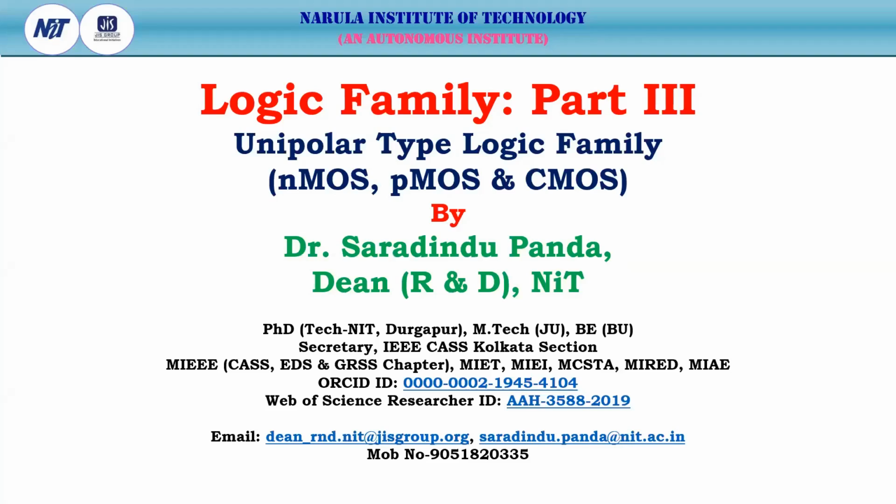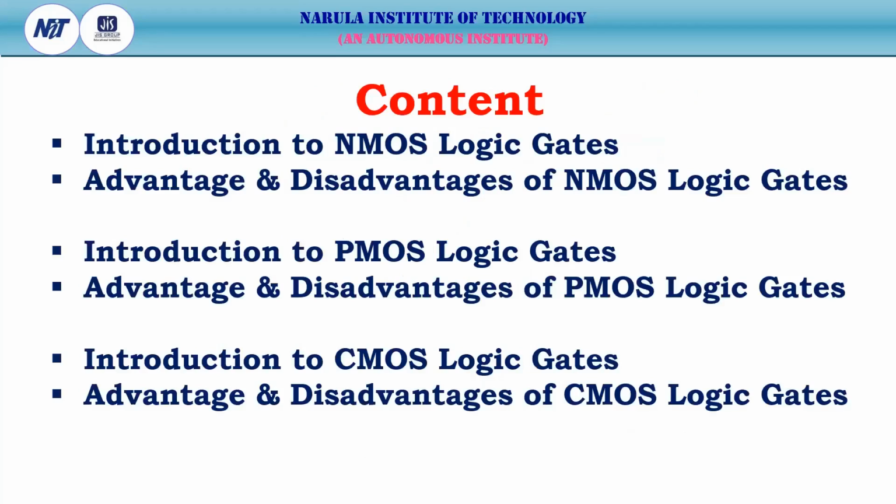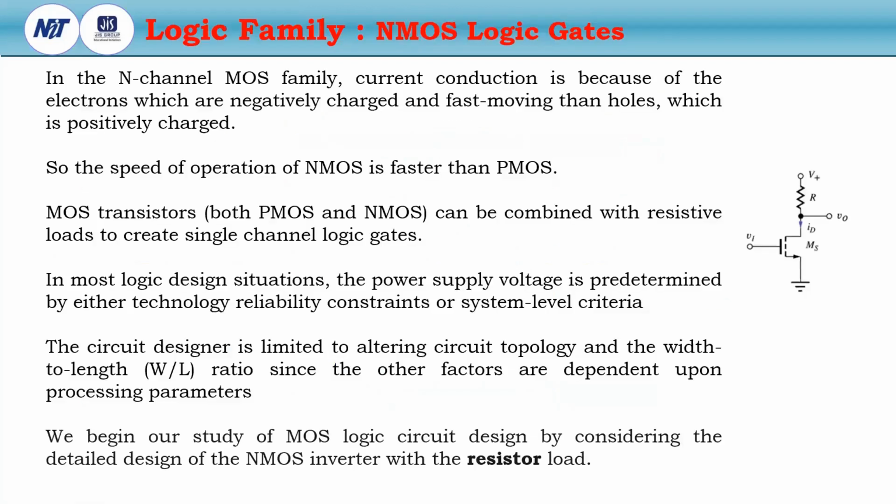So if I go first to the NMOS type of logic circuits, in this lecture, I already told you that we will know the NMOS logic gates, advantage and disadvantage of the NMOS, advantage and disadvantage of the PMOS and the PMOS logic gates, and the introduction of the CMOS logic gates and its advantage and disadvantages. So first come to the NMOS type of logic gates.